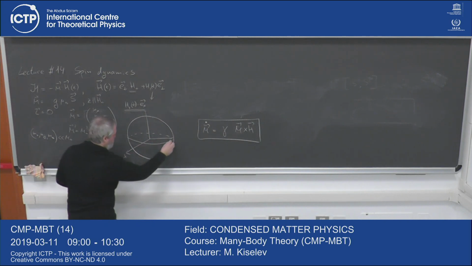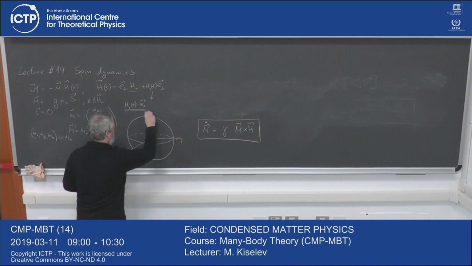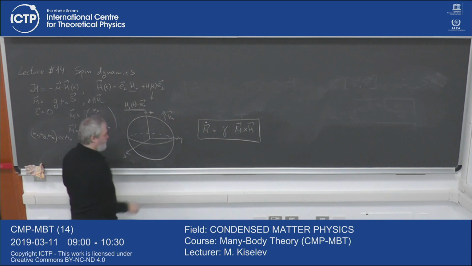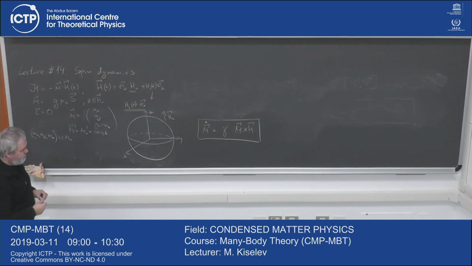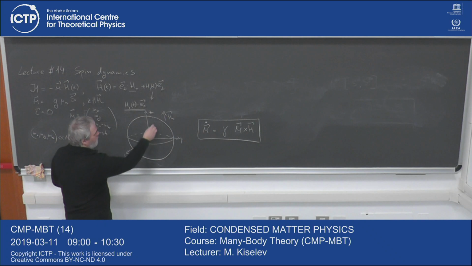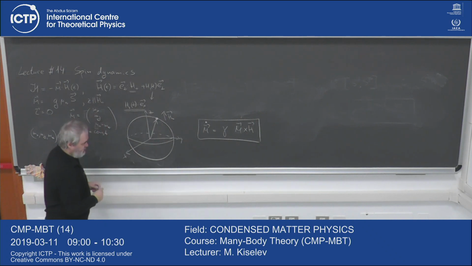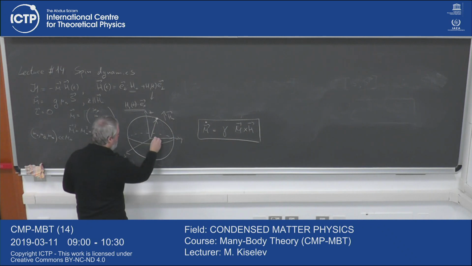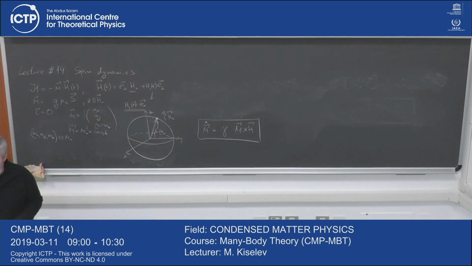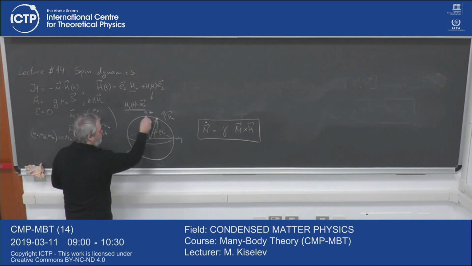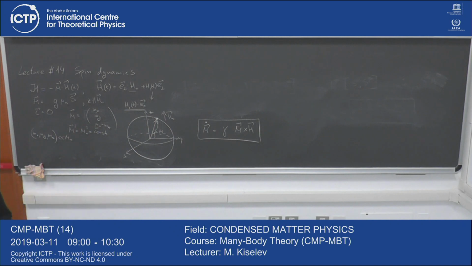So this is x, y, z. So there is a large component H_0 directed along z. So my point is somewhere here. So this is my magnetization vector, and the modulus of magnetization is equal to M_0. And we will see that there is some dynamics of this vector.